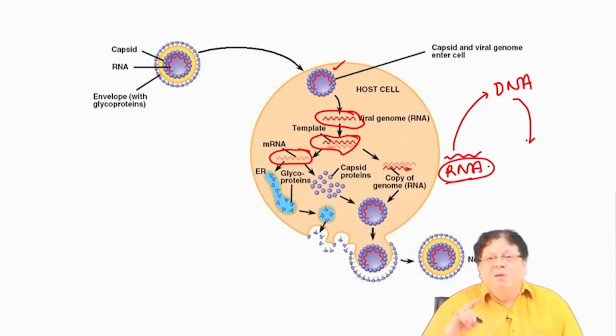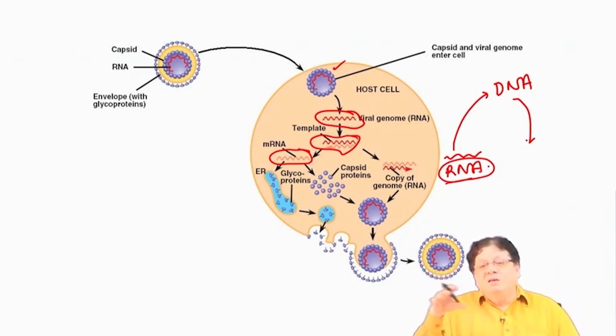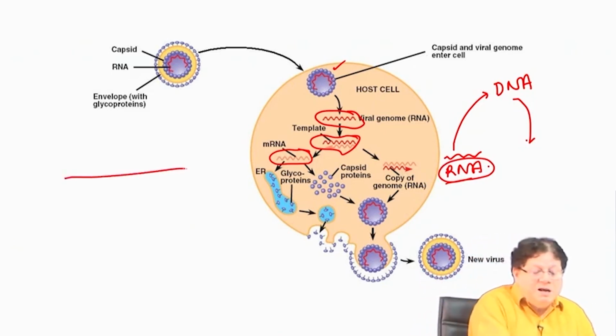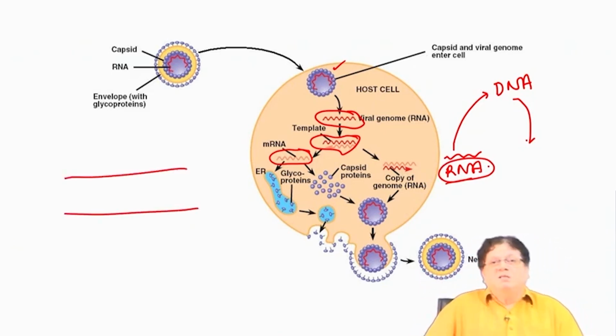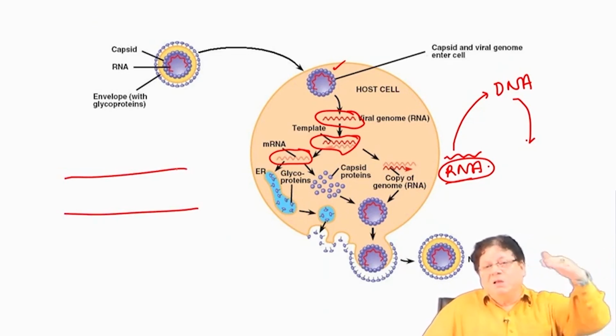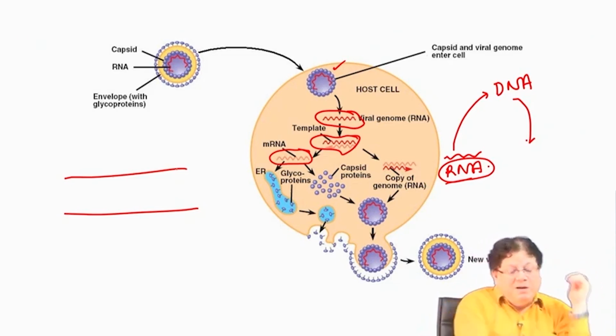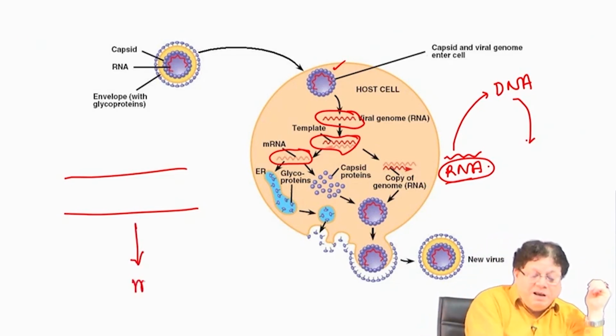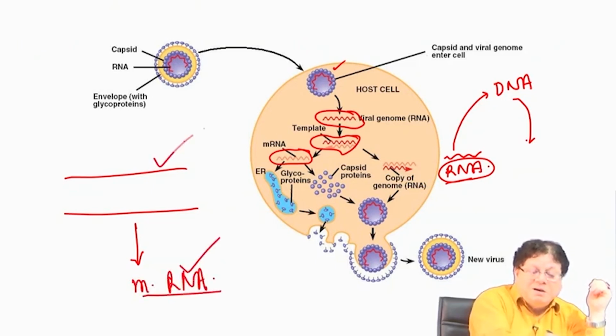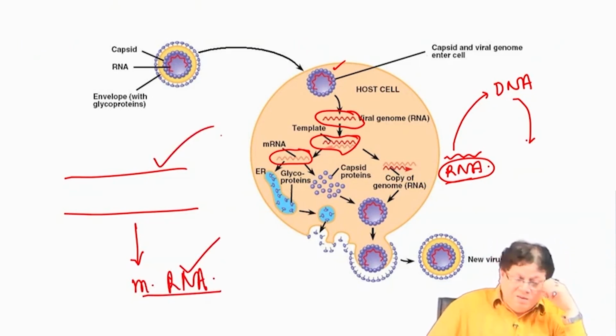Remember that when double stranded DNA is copied, one of the strands remains silent, and that is the coding strand. That means the ultimate sequence of the mRNA will be the same as the coding strand.